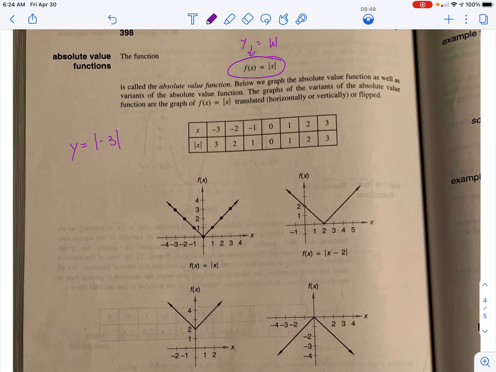Let's put a -3 in here. What am I going to get? y is equal to 3. So right here's that point. Let's put in 2. y is equal to the absolute value of 2, well then y is equal to 2 because the absolute value is always positive, right? So right here's that point. When x is 2, y is 2. When the input's 2, the output's 2, however you want to say that.